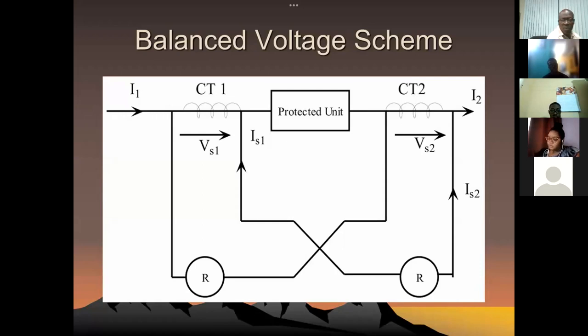And so there will be no current flow through the relays. All right. And again, in a few minutes, we'll expand this diagram a bit to show you some additional details in terms of the operation and when we would end up using the voltage balance scheme.